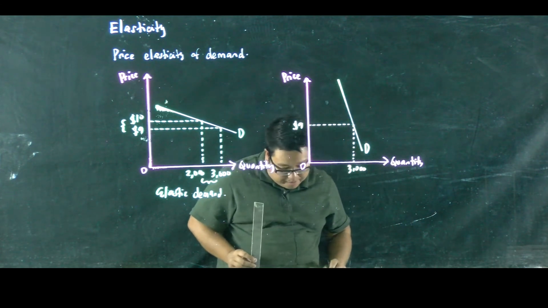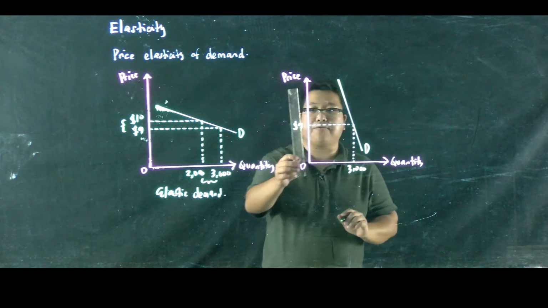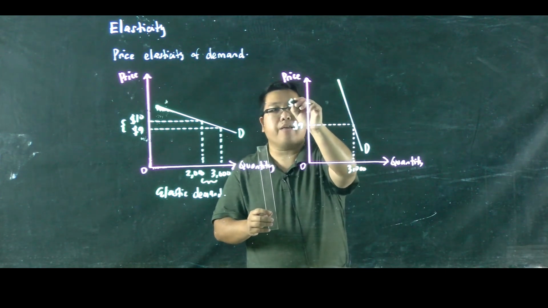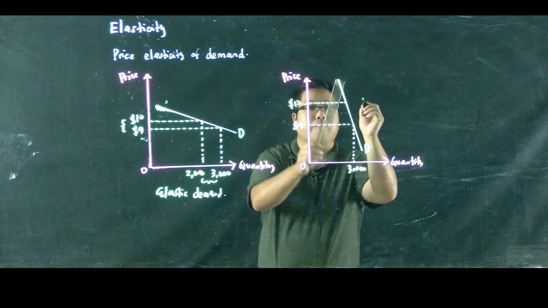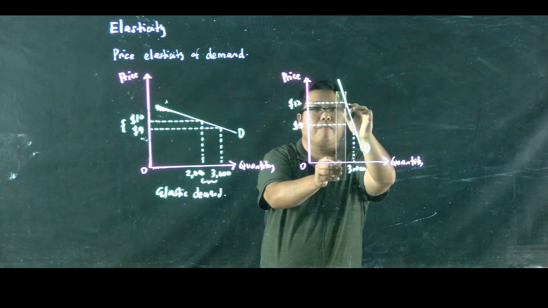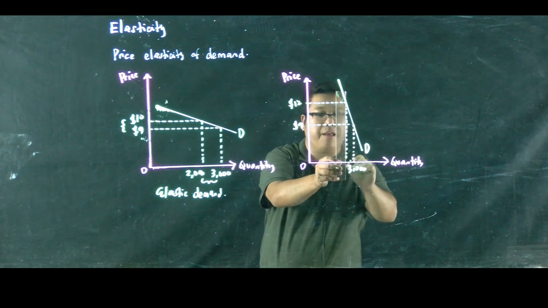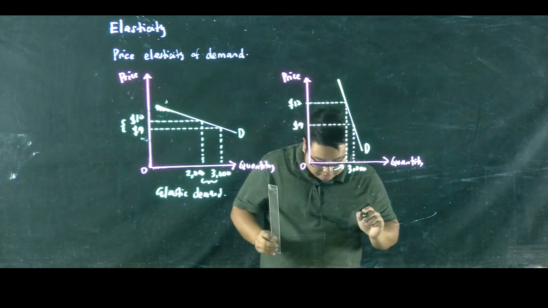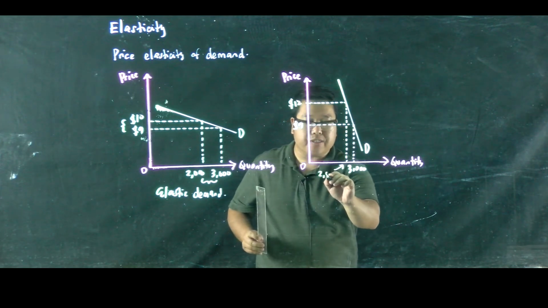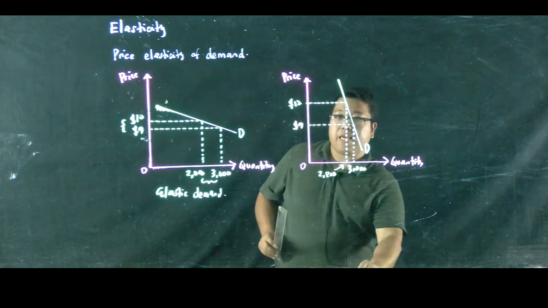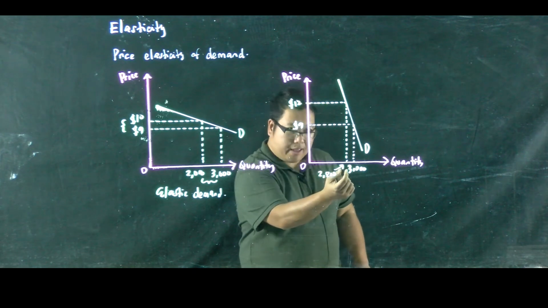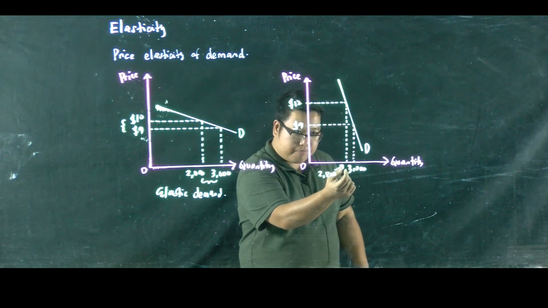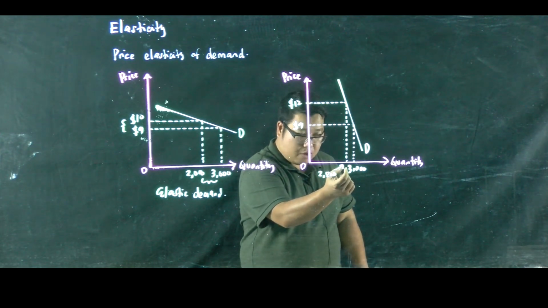And let's say price increased from $9 to, let's say, $12. And quantity decreased from 3,000 to, say, around 2,800 units. So what we see here is that for a large change in price, it triggered a smaller change in quantity.